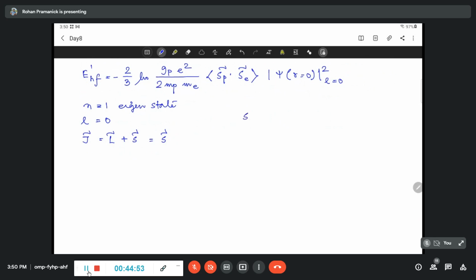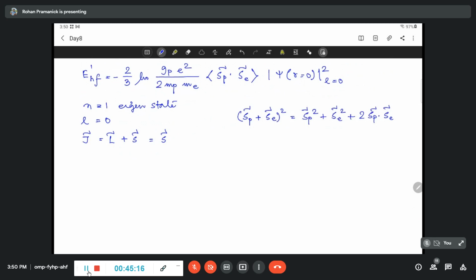So you write (S_p plus S_e) whole squared equals S_p squared plus S_e squared plus 2 S_p dot S_e. Of course, these are vector squared. I have not written here.